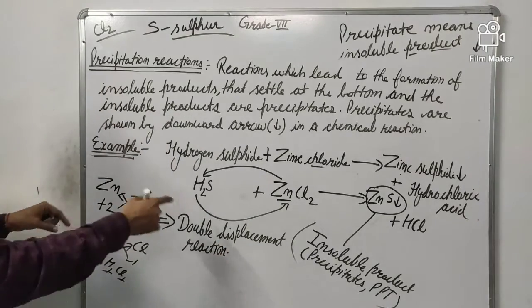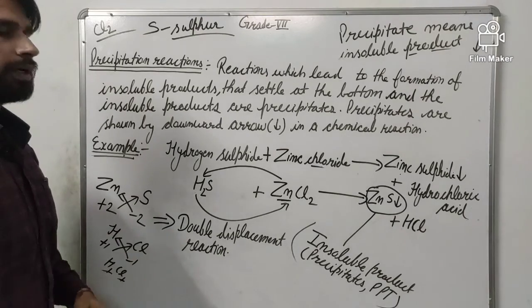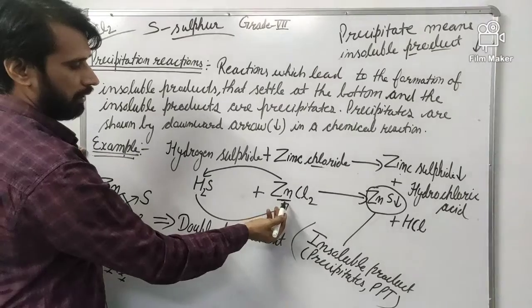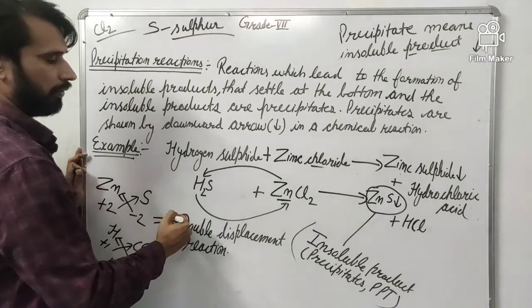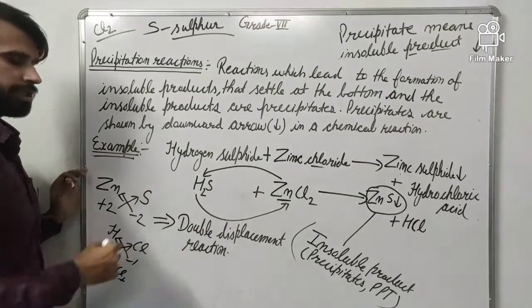Okay, so this reaction tells us about PPT as well as about double displacement. Why does double displacement occur here? Because zinc is a metal and it is much more reactive than hydrogen, so it takes the place of hydrogen, and hydrogen ultimately will go in place of zinc and the reaction will happen.